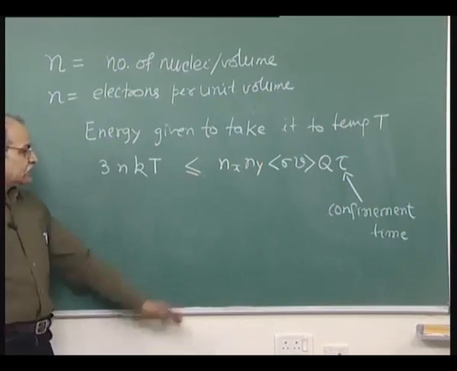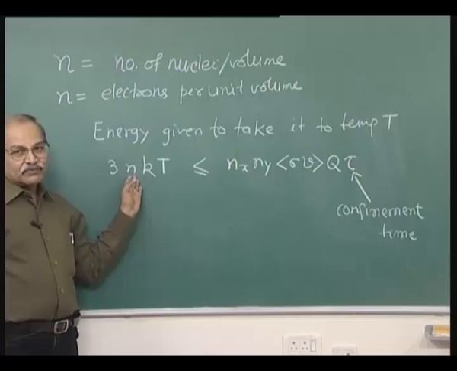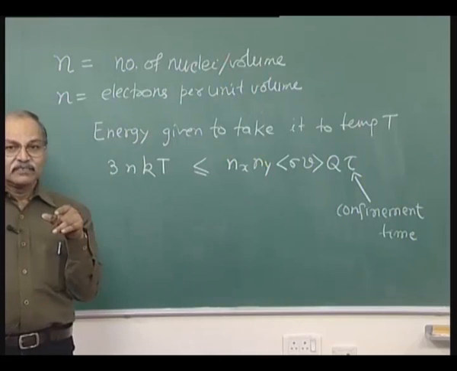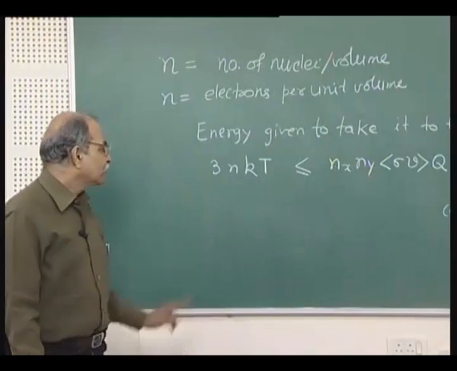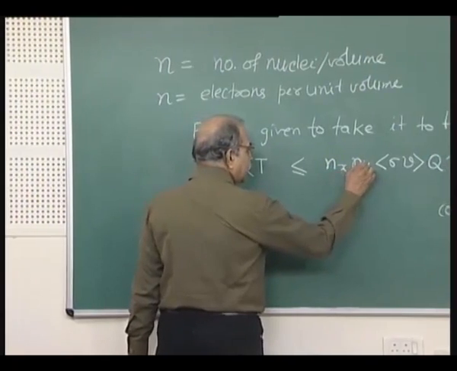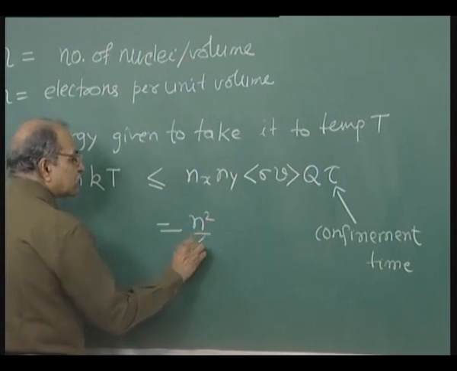Okay. The energy which we produce from the fusion should be larger than whatever energy input we have given to heat up the plasma. We are neglecting the Bremsstrahlung radiation, assuming that the temperature is high enough so that that part can be neglected. Now, if you put Nx equal to n/2, Ny equal to n/2, this side will be n square by 4.